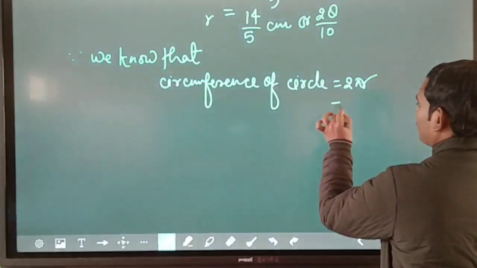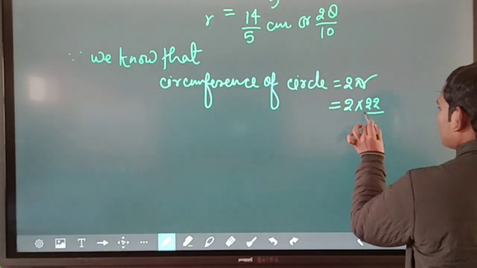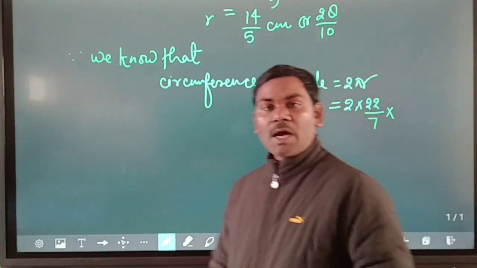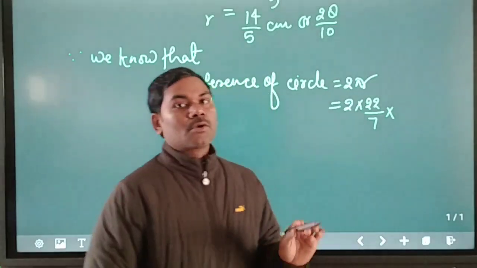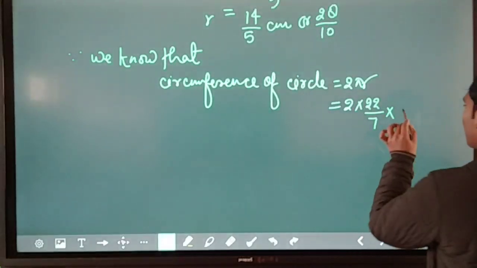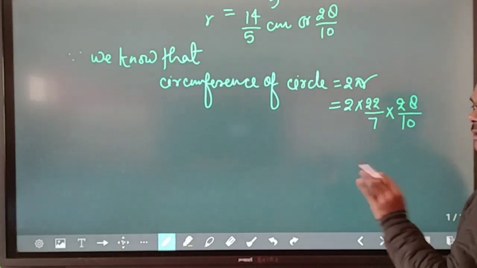So we can write the value 2 into 22 by 7, and in place of r we use 28 by 10. So here we write 28 by 10 as the radius.